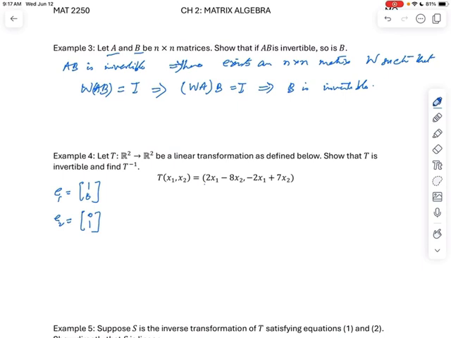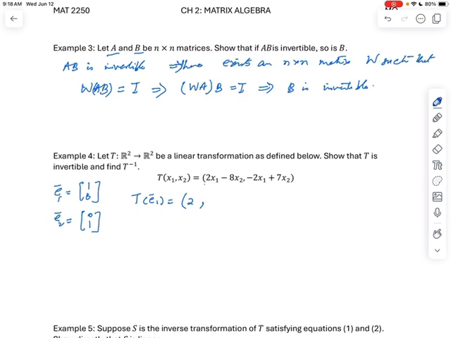Okay, so if we do T of E1 it will give us, in parentheses, 2x1, well x1 is 1, so we get 2, minus 8x2, x2 is 0, so in the first place we have just 2 and then comma.